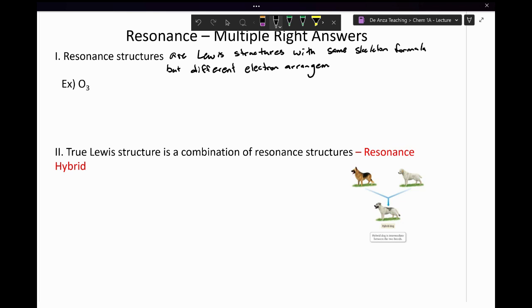And so one example of this is ozone, O3.